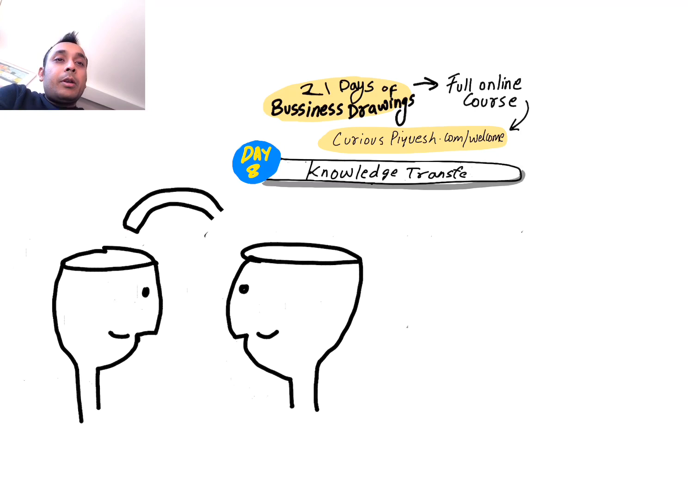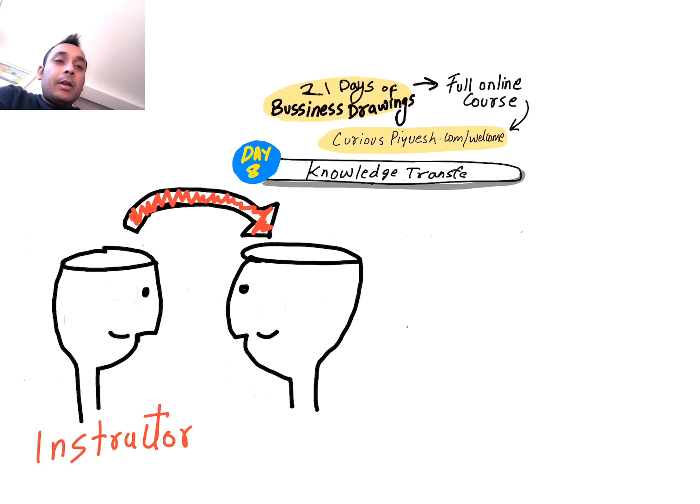Or maybe you can draw the arrow directly in the brain. Yeah, and because the focus is on knowledge transfer, so color it as well. So here this could be the instructor, and this could be the student, or company employees.